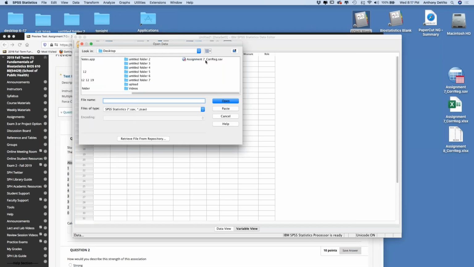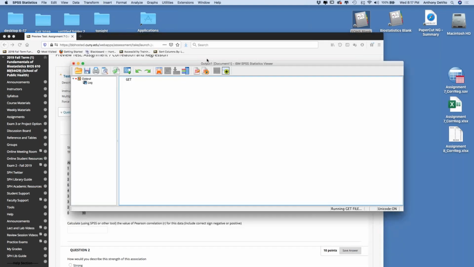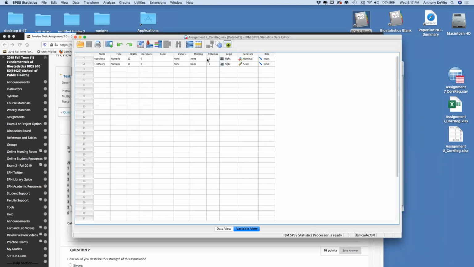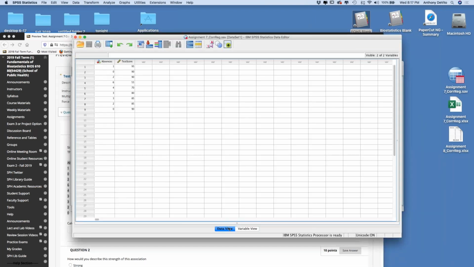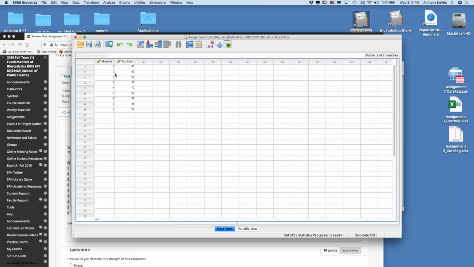Okay, and there it is. Here is our data in SPSS. You may have to go in here and change this to scale, because SPSS sees those absences as integers and it may be thinking that's like ethnicities or something like that.